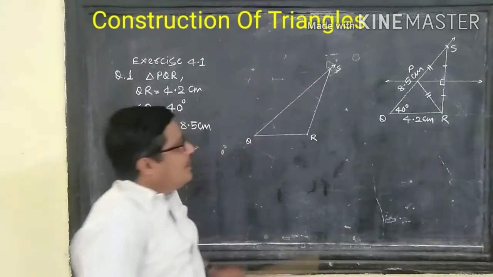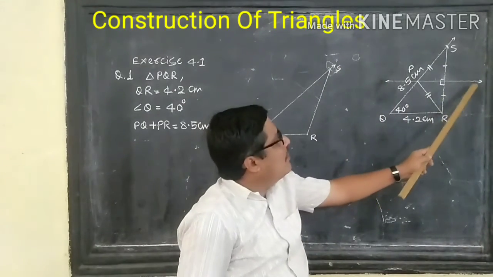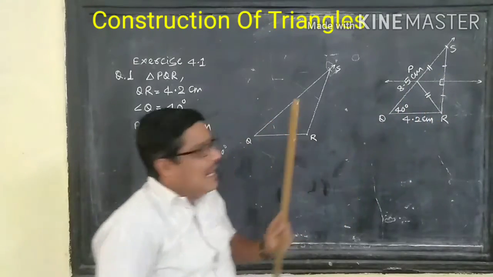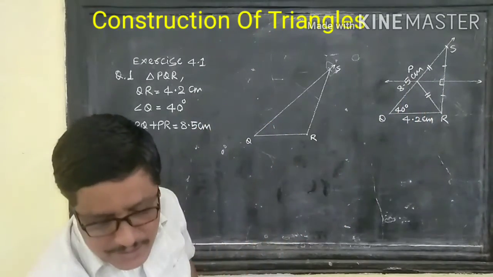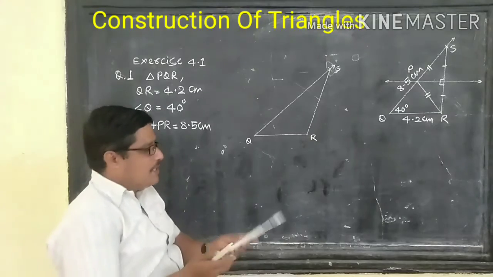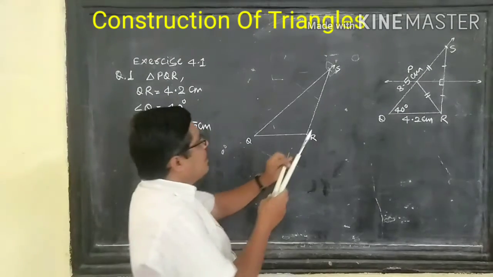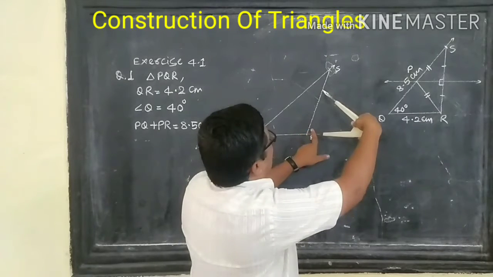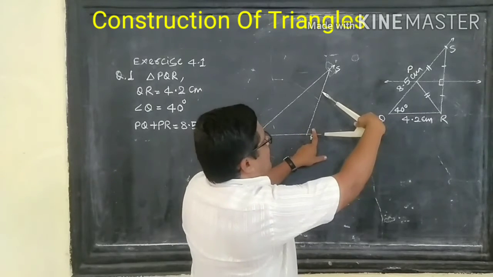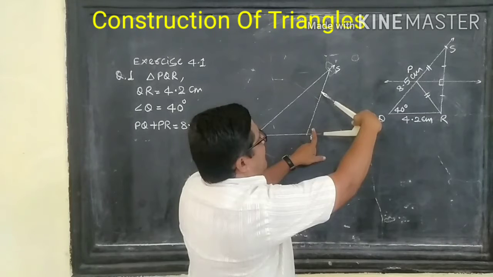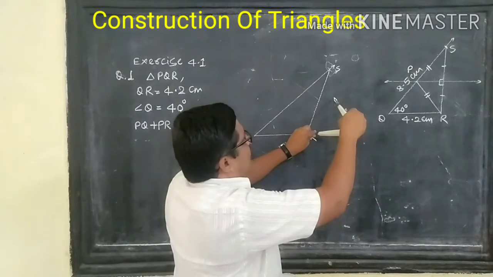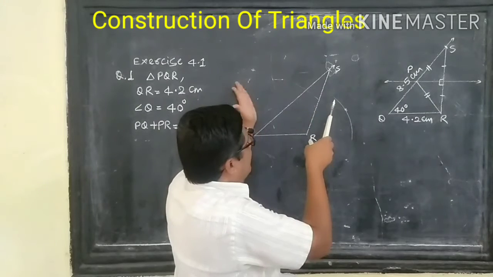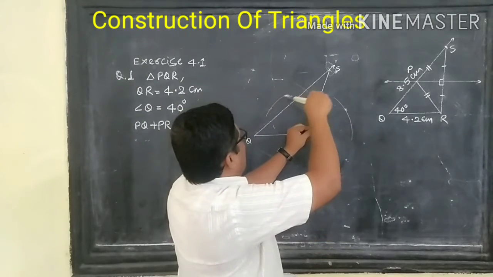Now after drawing RS, we have to draw the perpendicular bisector of segment RS. For that, using compass we can draw the perpendicular bisector of segment RS. For that we have to take more than half distance of RS, and on both sides, this is one side and this will be the other side.